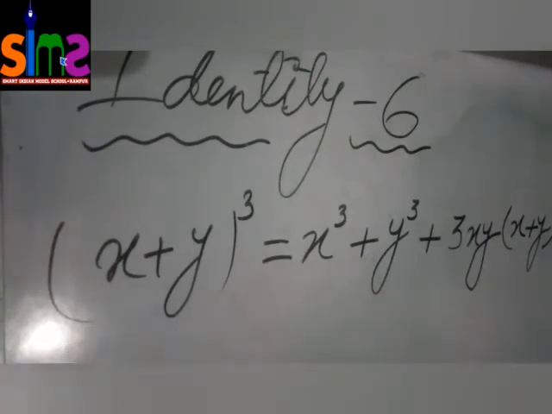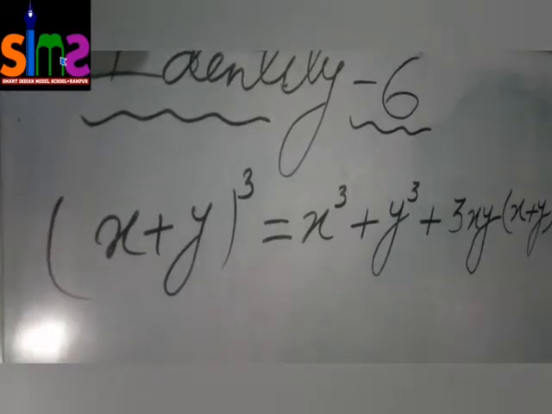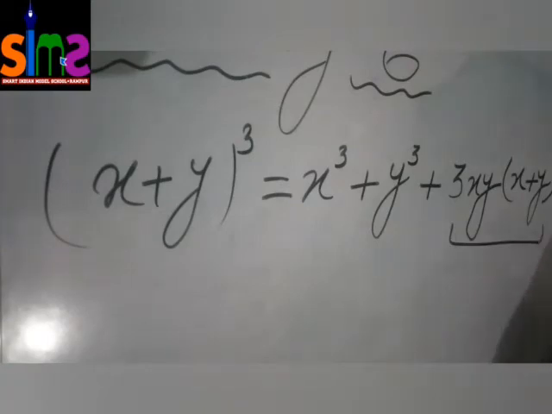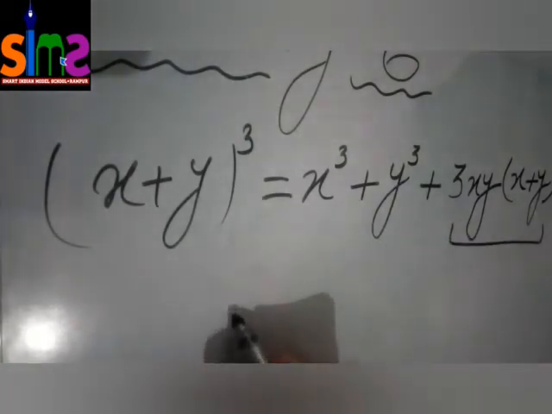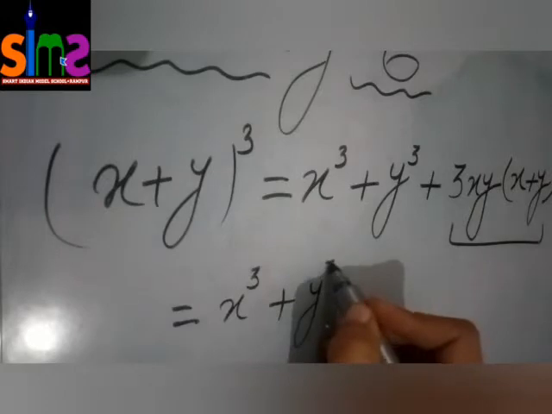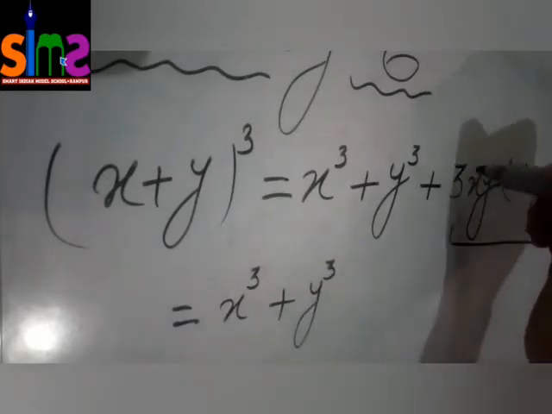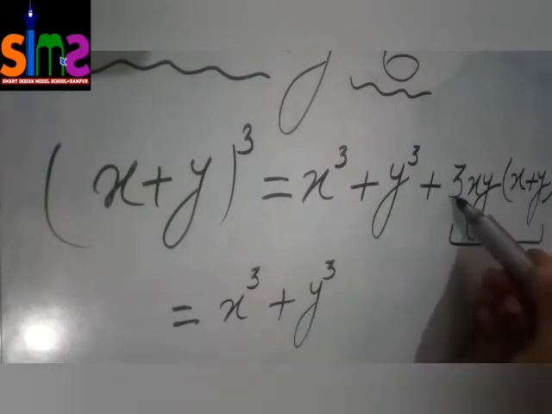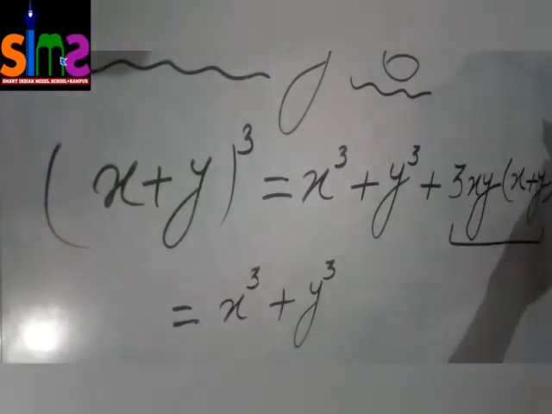Let's move to its next step. Its next step will be the multiplication of 3xy and this bracket only, and the remaining terms will be written as they are. So x cube will remain x cube, and y cube will remain y cube. Now it's time to multiply 3xy to x, and then we will multiply 3xy to y.